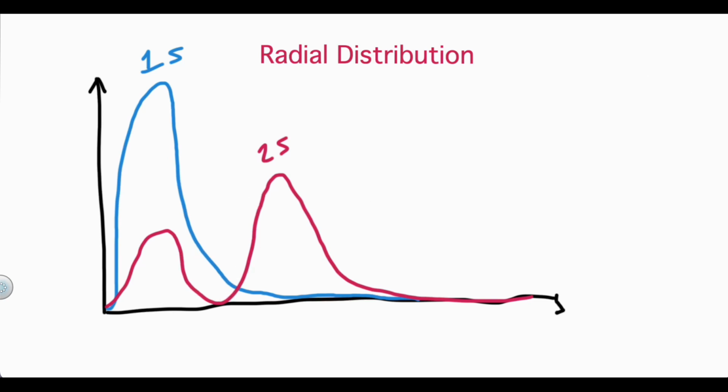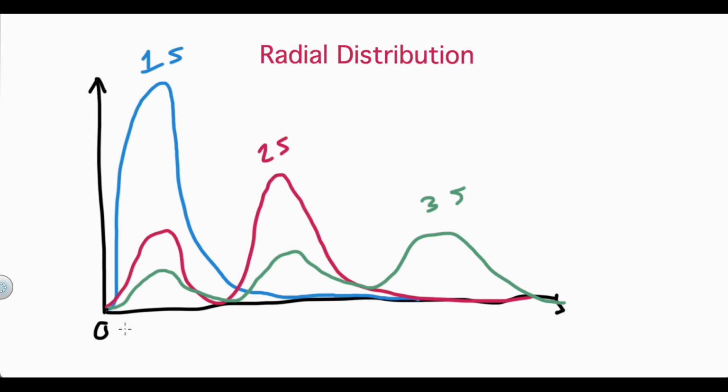And let me get the third one out here. So for 3s, still likely, and then let me write 3s. Okay, and an important thing to note: this is the nucleus. This is 0 away from the nucleus.